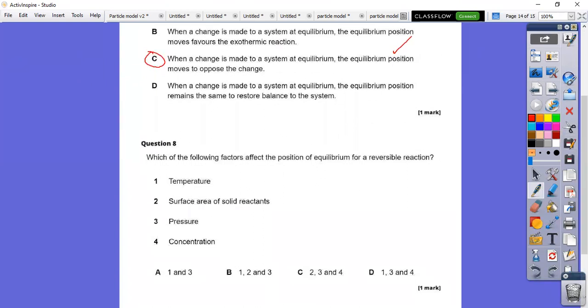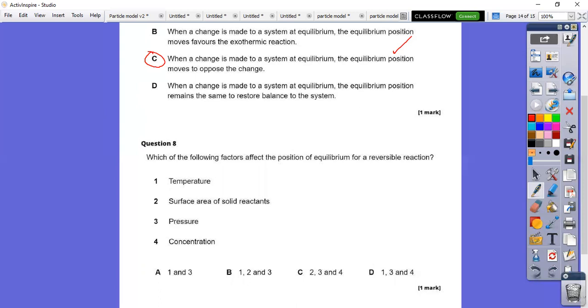Number 8. Is temperature one of them? Temperature will be one of them indeed.